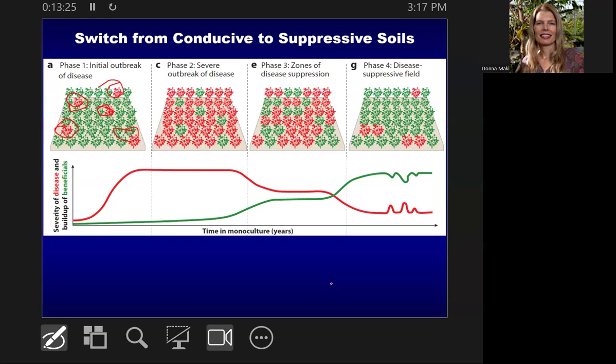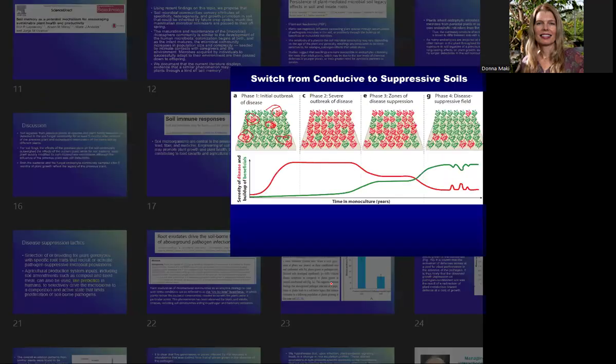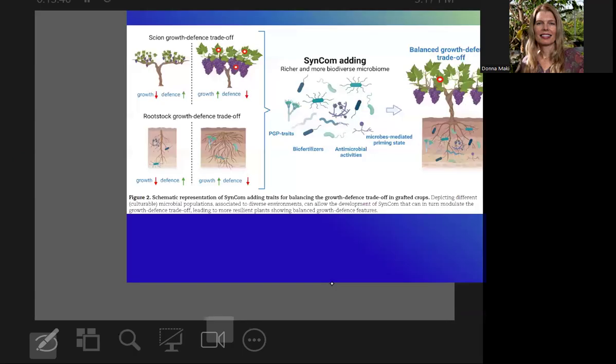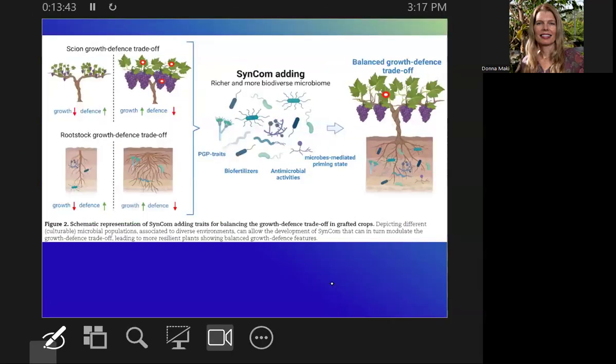And we started to realize putting one biocontrol agent into the soil might not be the best idea, right? This idea of cocktails, a mixture of microbes, going back to the other picture. Maybe it's better to have more than one biocontrol agent, a mixture instead of just one. And so that's where some of my work came in.